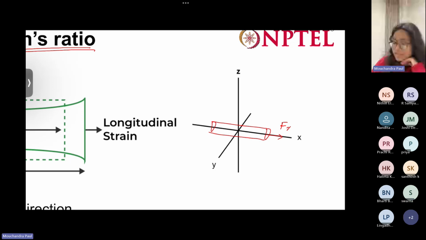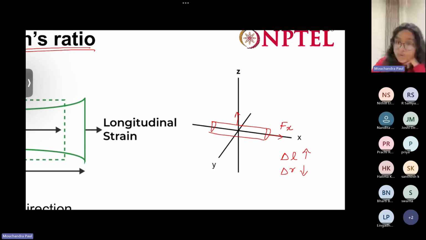The length along the x direction will increase, correct? Delta L will increase. But in the z direction, which is the radial direction in cylindrical geometry, delta R will reduce, right?